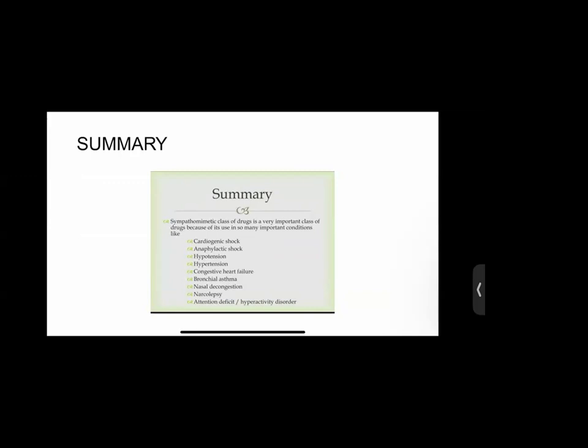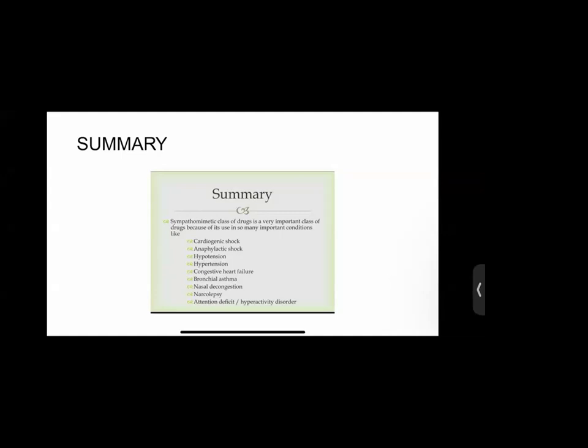It can be used in cardiogenic shock, anaphylactic shock, hypotension, hypertension, congestive heart failure, bronchial asthma. It can be used as a nasal decongestant, and in narcolepsy and attention deficit hyperactive disorder.